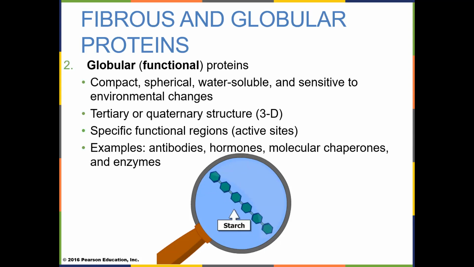We start with an enzyme known as amylase. Amylase is an enzyme that binds to the glucose molecules in starch. Now, starch is made up of thousands and thousands of glucose molecules.